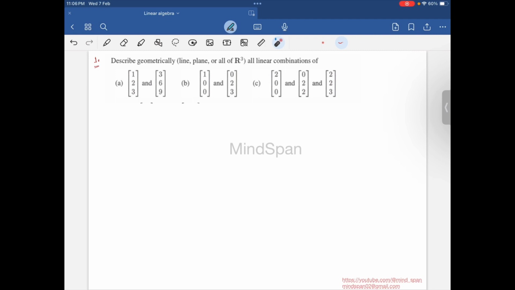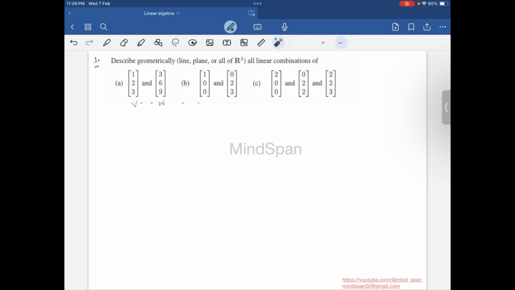We have been asked for all linear combinations in A, B, C. Let's first focus on question 1A. You see that each vector has three components. Let me call this vector V, and let's call this vector W, and this W also has three components. These two vectors are taken from some three-dimensional space.